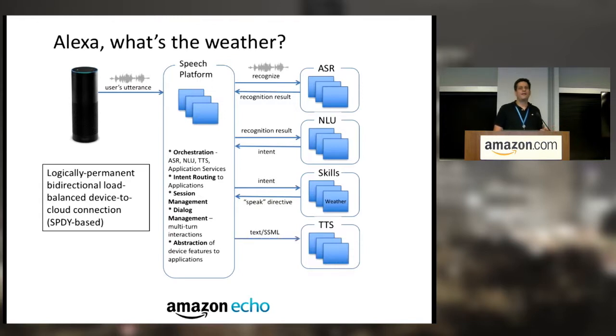The text will be sent to the text-to-speech engine, TTS, that will return a voice. To the text-to-speech, we send something called SSML, which contains not only the text, but also metadata about the text, for example, is it a question, so Alexa will not sound like a robot.